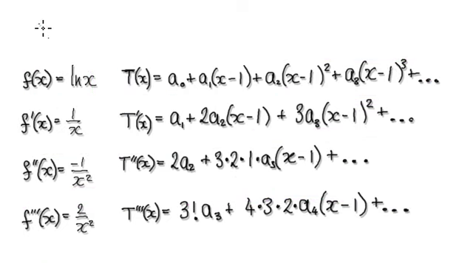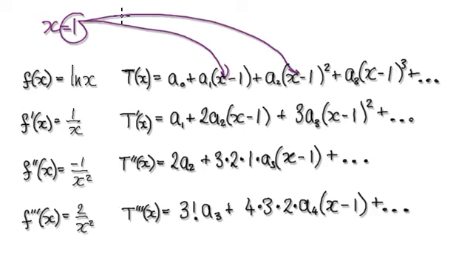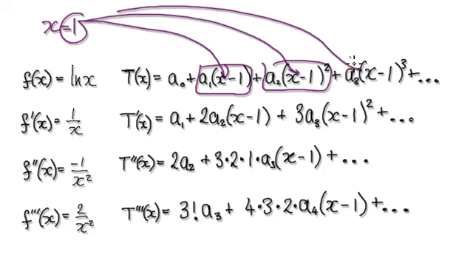So let's say when x equals 1. Really, to come up with the Taylor series, we need to work out these coefficients. When x equals 1, if you put the 1 into here, all these terms will disappear.